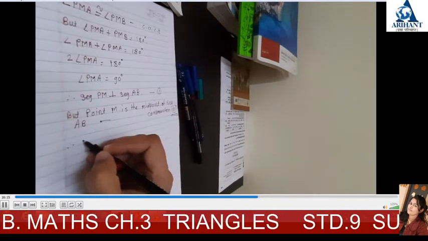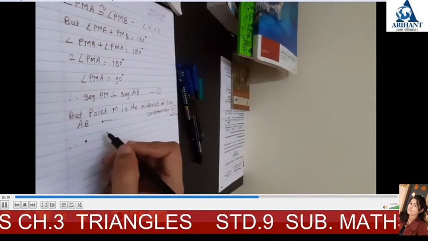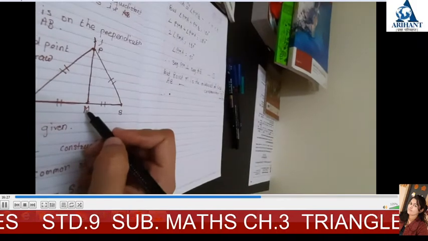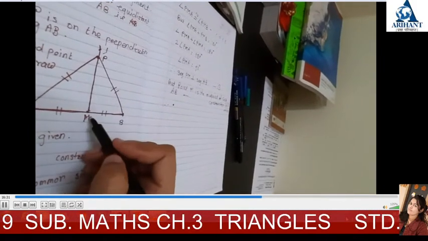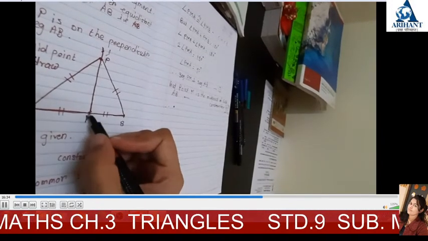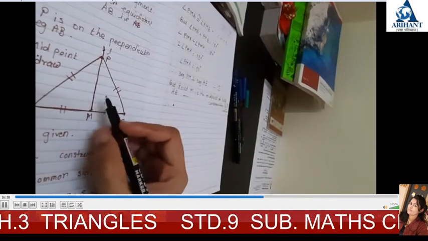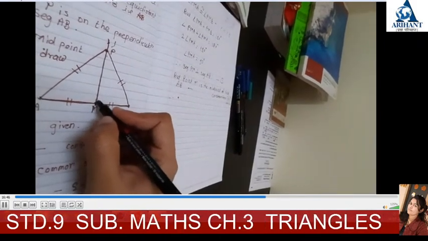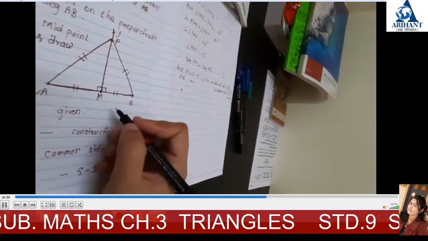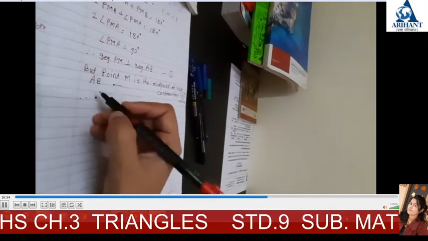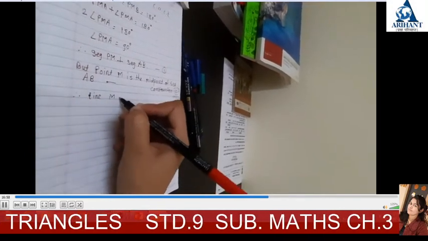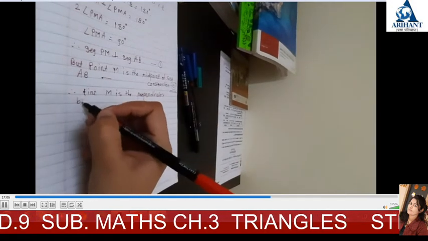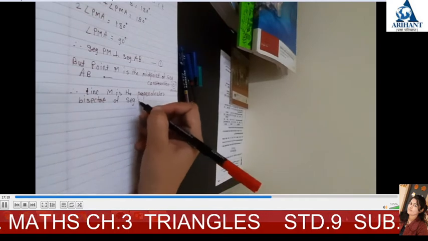Therefore, the line PM is the perpendicular bisector of segment AB.